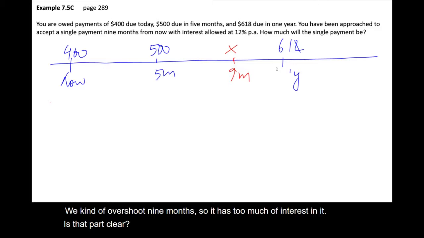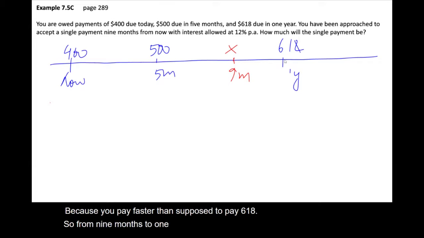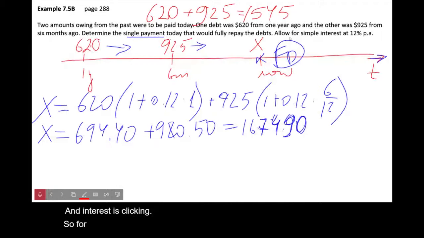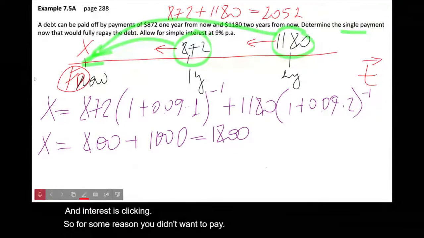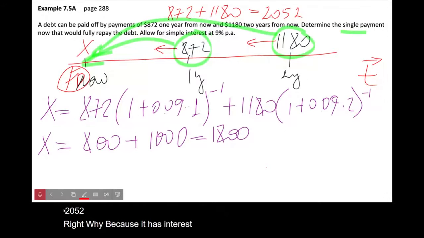What do you mean by it has too much interest in it? Well, because you pay faster than you're supposed to pay 618. So from 9 months to 1 year, that's 3 months, right? And interest is clicking. For some reason, you didn't want to pay 2052, right? Why? Because it has interest inside.